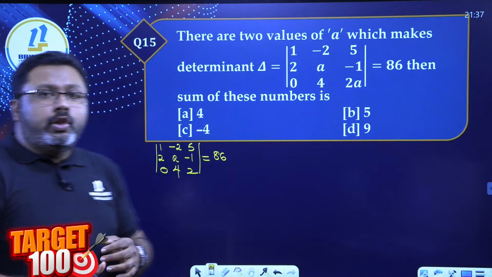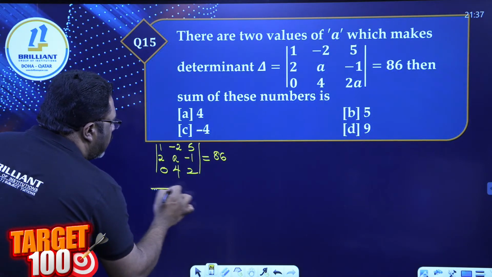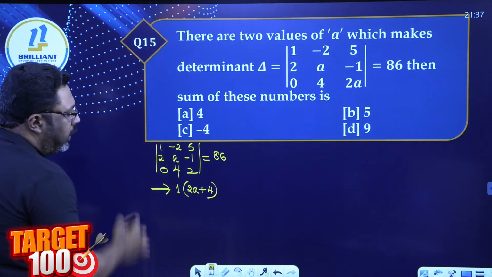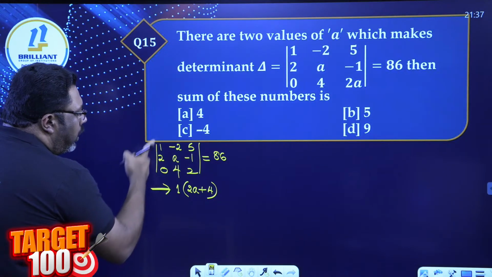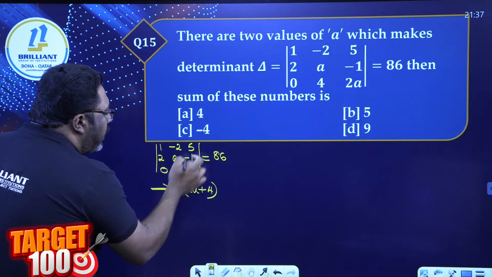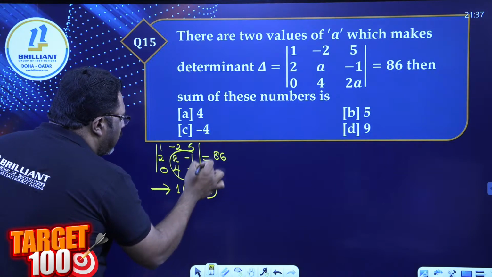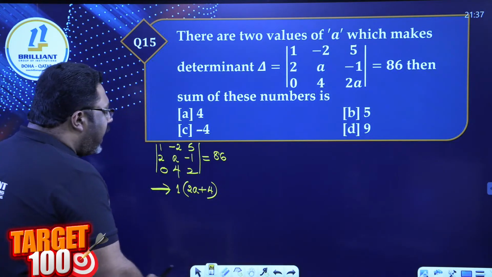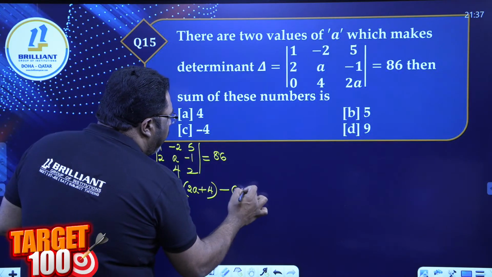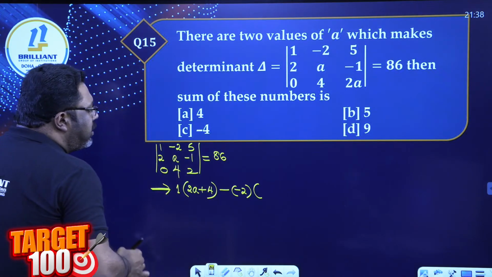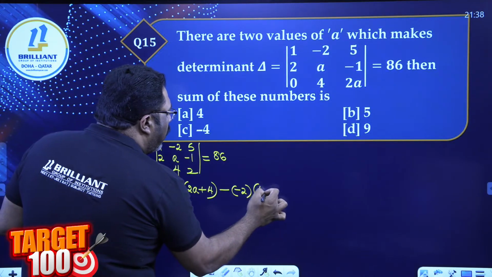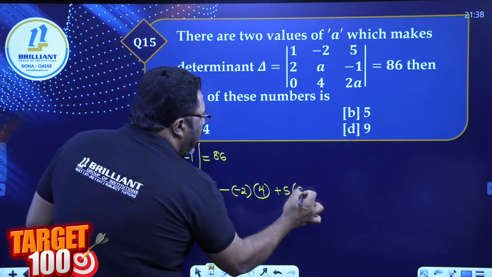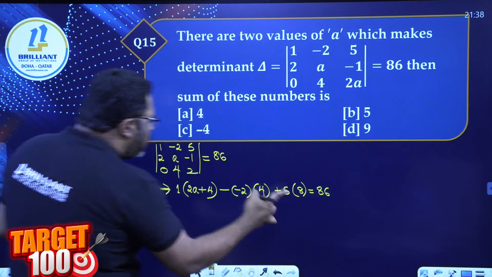Everybody knows how to solve a 3 by 3 determinant. 1 multiplied with 2a plus 4, the minor of 1. Then the next element is minus 2, that's minus of minus 2 multiplied with its minor, 2 twos are 4. And then 5 multiplied with its minor, which is 8, equal to 86.